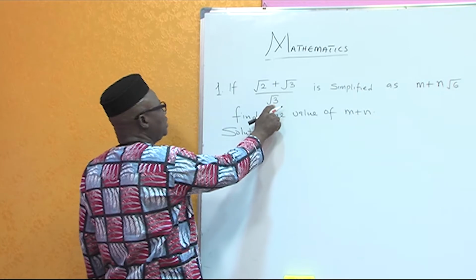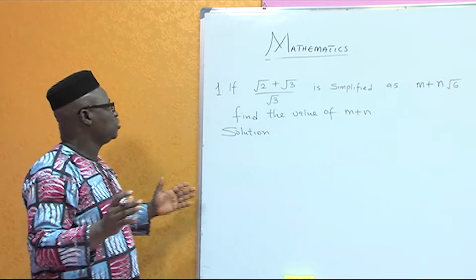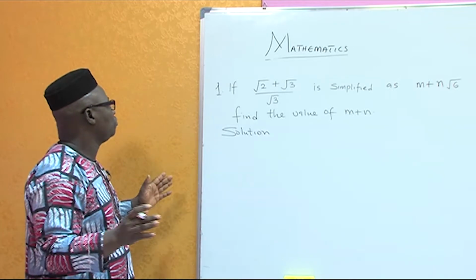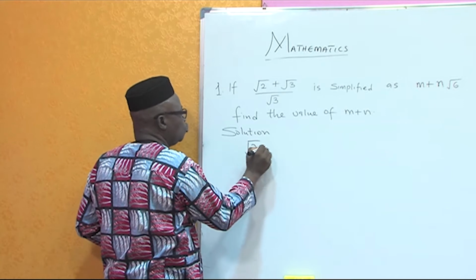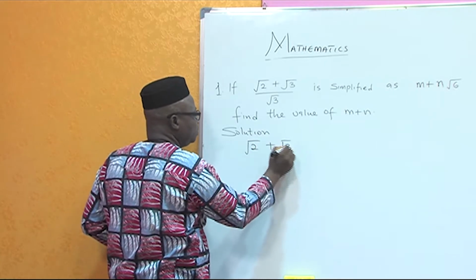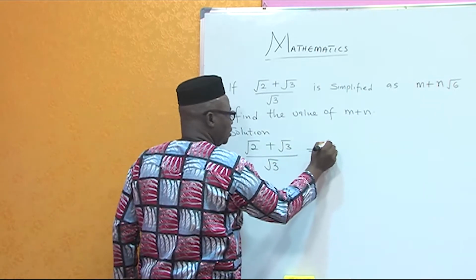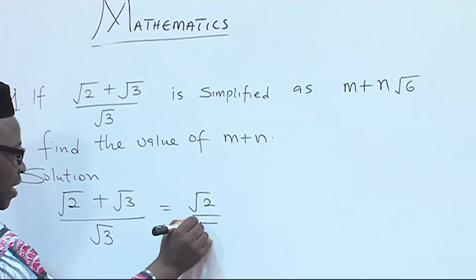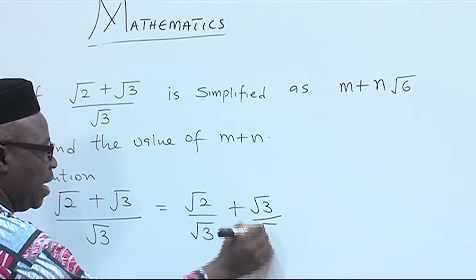Since there is a single denominator, I can split it into 2 different parts. That is, root 2 plus root 3 all divided by root 3 can be written as root 2 divided by root 3 plus root 3 divided by root 3.